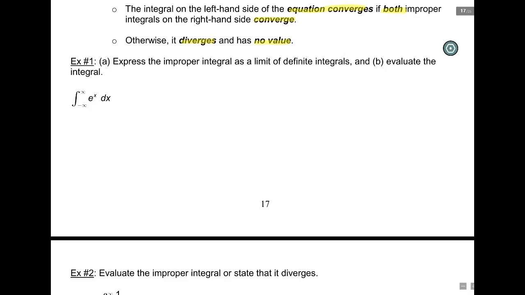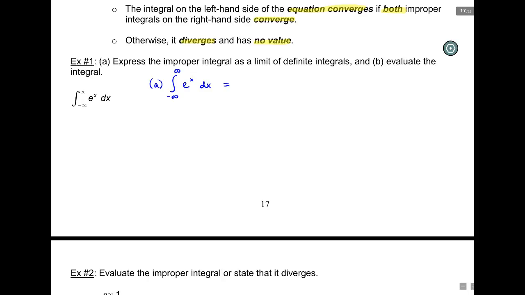Okay, so example 1, we want to A, express the improper integral as a limit of definite integrals, and then B, evaluate the integral. I notice that both the lower and upper bounds have infinity involved, so I'm going to rewrite this. For A, the integral from negative infinity to infinity of e to the x dx.